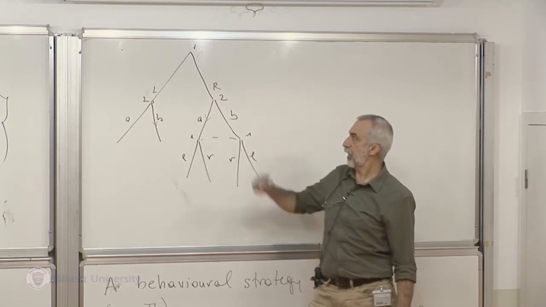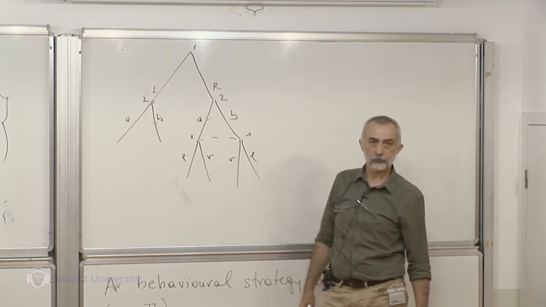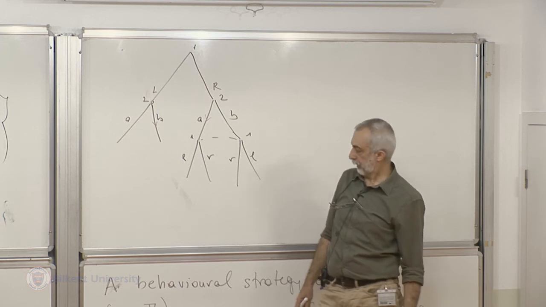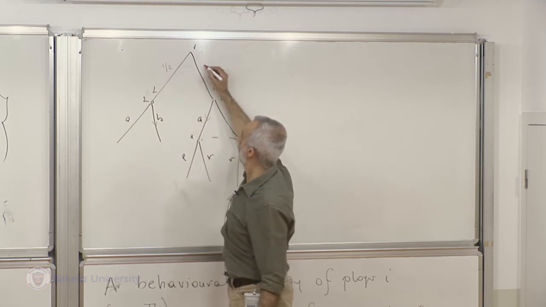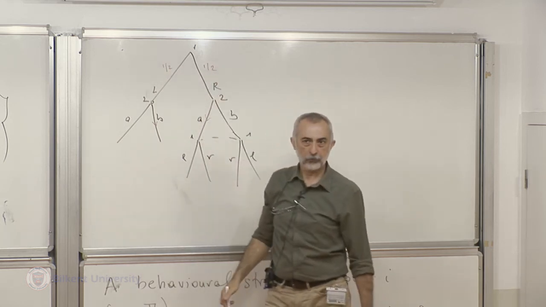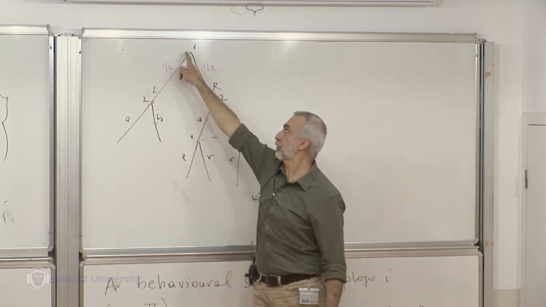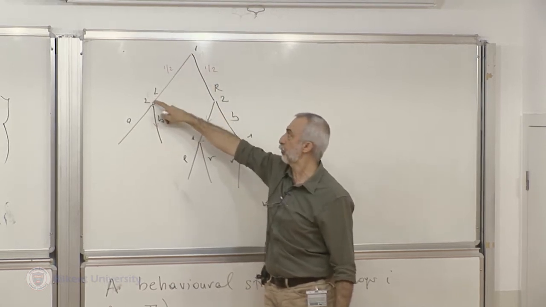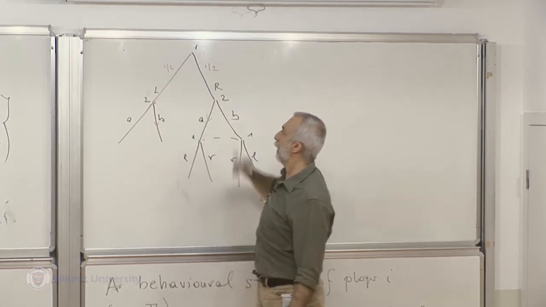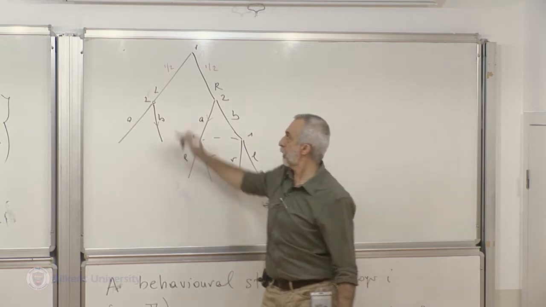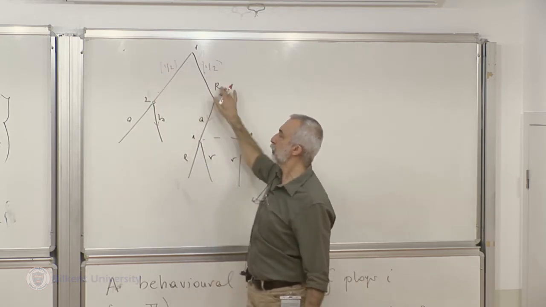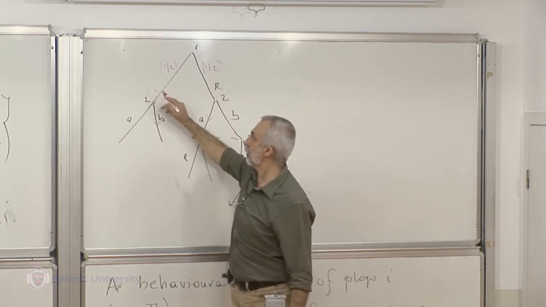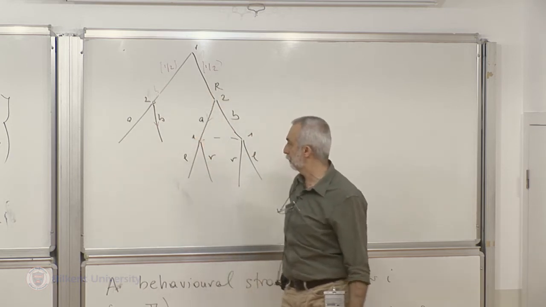Let's take the behavioral strategy. Let's start with that of player 1. So we said 1 over 2, 1 over 2. So at this information set, he'll choose L with probability 1 over 2, R with probability 1 over 2. Sometimes people put boxes around them because these could also be numbers, to discriminate between an action and a probability.